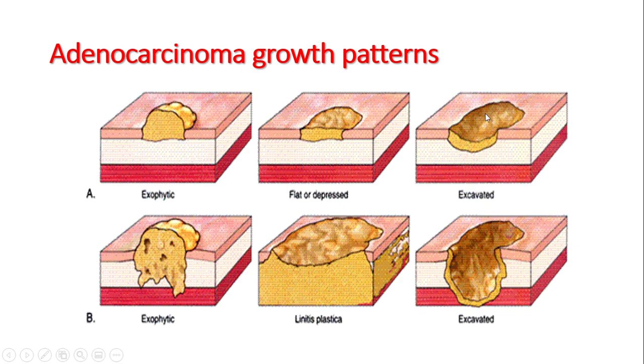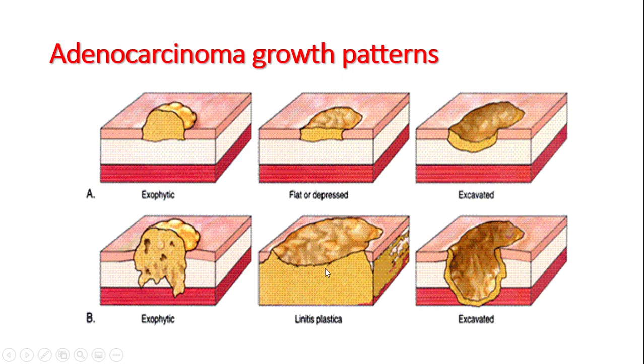Excavating, forming a cavity, ulcer and infiltration of the wall. Here the mass has growth in the lumen, exophytic growth, and endophytic. This is exophytic and this is exophytic, but this is more advanced, with infiltration downward and reaching the muscular layer.